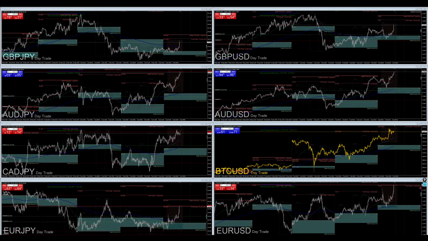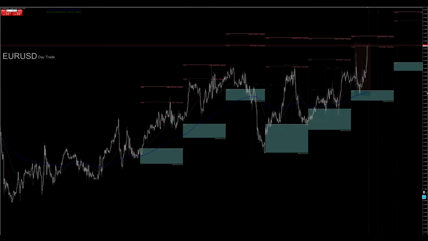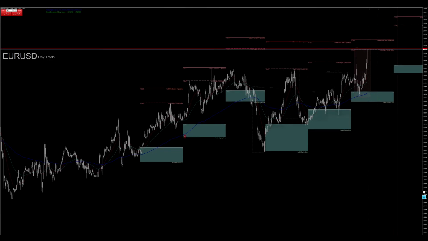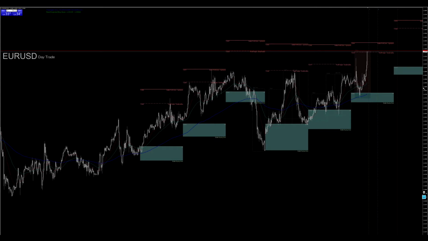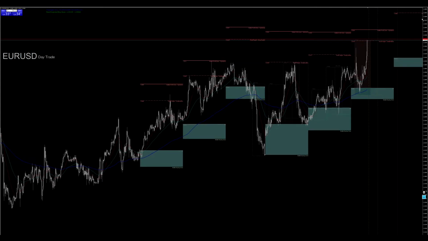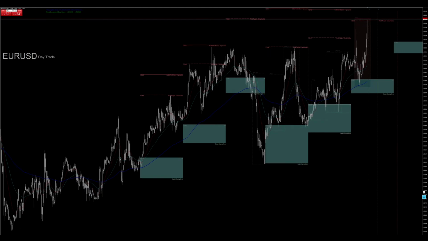Okay, so I want to take a look at something here. Euro USD just tagged me out early, too early, and I'm trying to figure out why, because I don't recall having my take profit right there. My take profit should have been much higher.